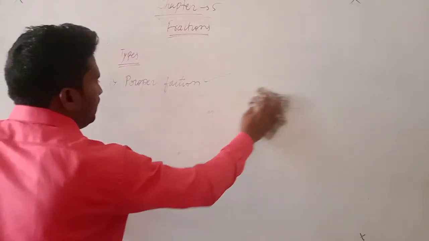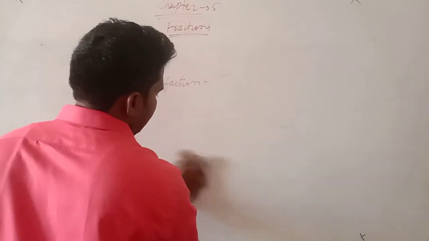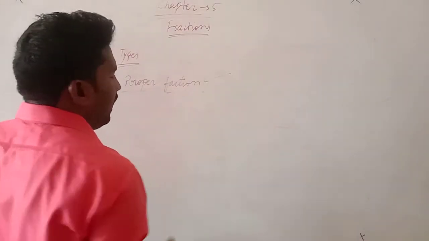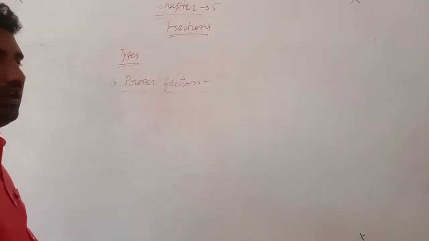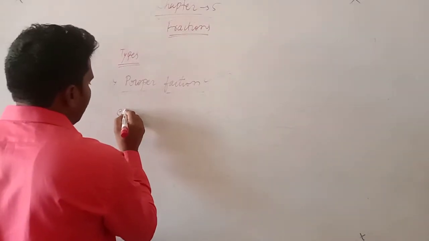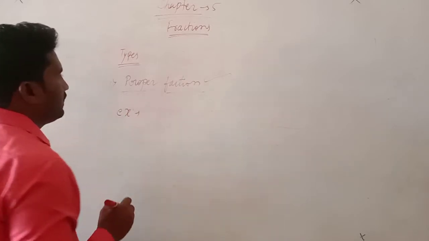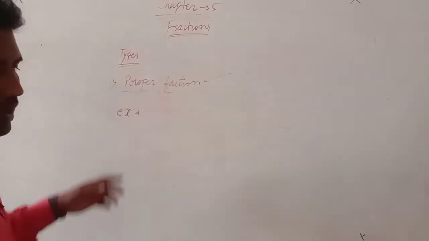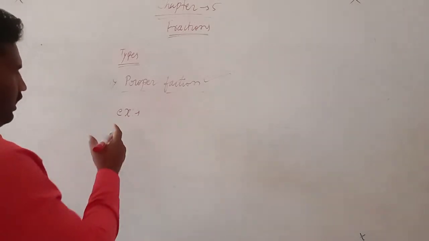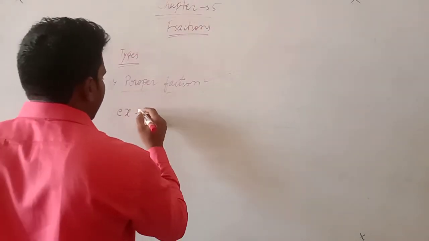So what is a proper fraction? If the numerator is less than the denominator, that is called a proper fraction. So here the numerator should be smaller than the denominator. I am telling only examples.